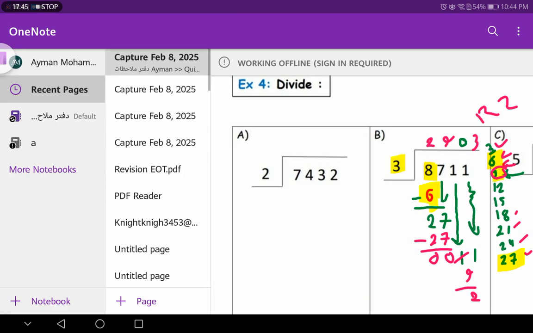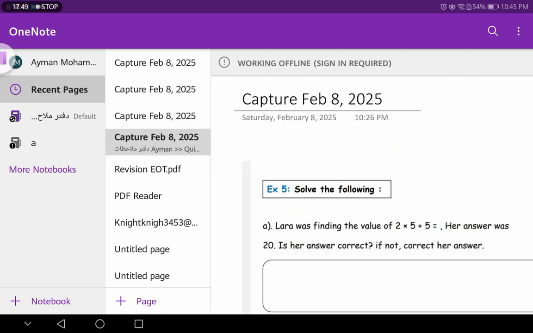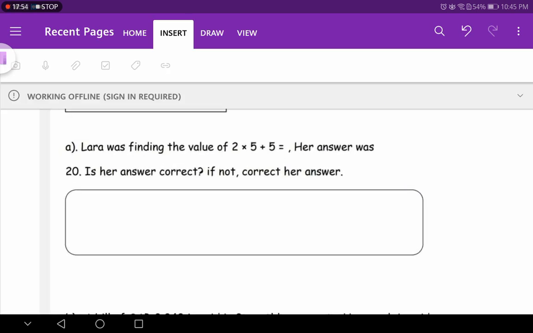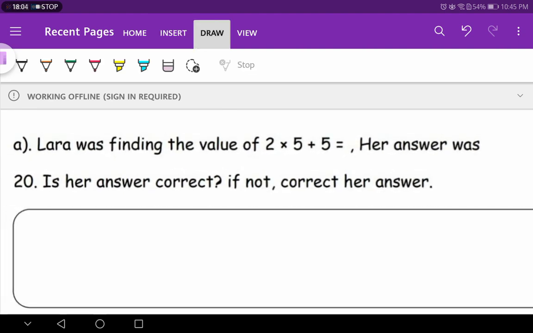Now the last part, my dear student. Okay, the problem solving. It is not a problem solving at all, but it is a small written question. Actually, don't be scared if you see any problem solving.